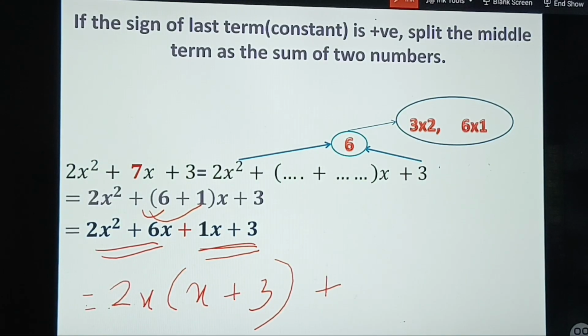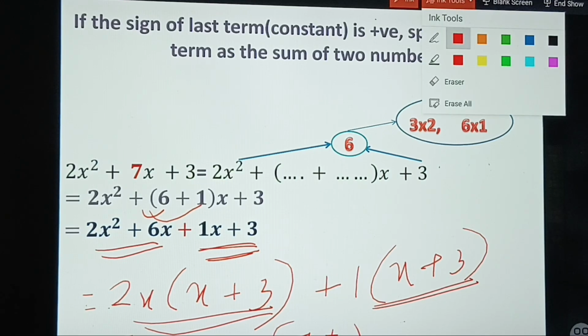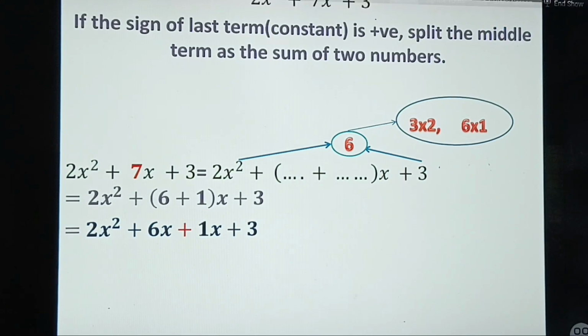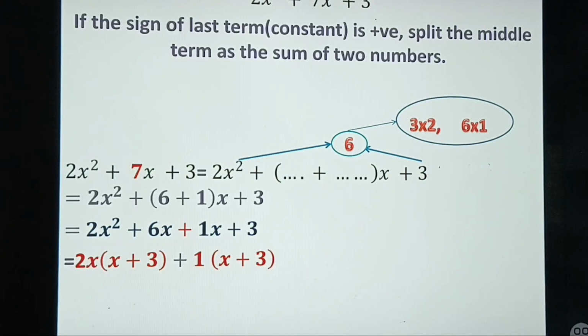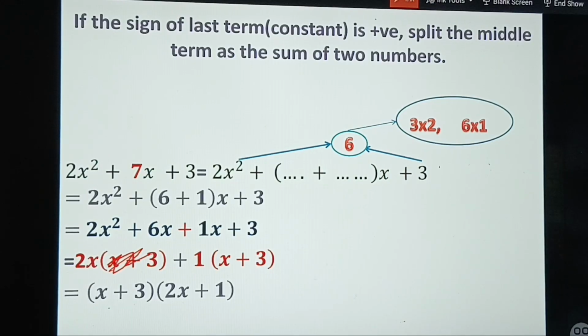From the last 2, 1 is taken common and x plus 3 is left. Then from these two we again take a common factor. x plus 3 is the common factor, and what is left out? x plus 3 is taken common from both, then we get 2x plus 1. This way we can factorize.